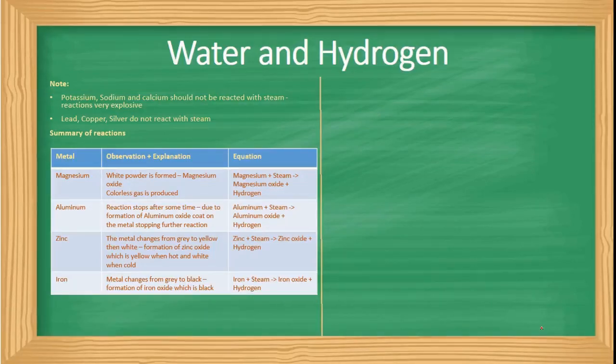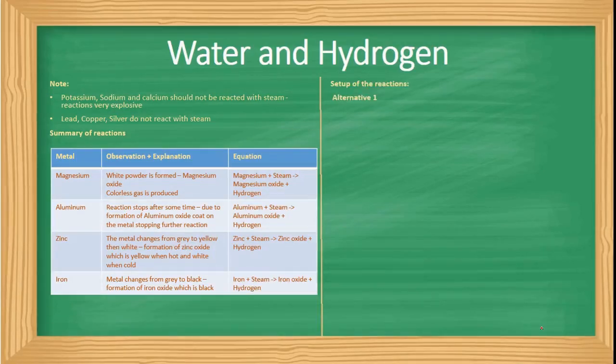It covers the aluminium and stops any further reaction. In terms of zinc, the metal changes from gray to yellow, then white. This is because the zinc oxide created is yellow when hot and white when cold. For iron, the metal changes from gray to black because of the formation of black iron oxide.